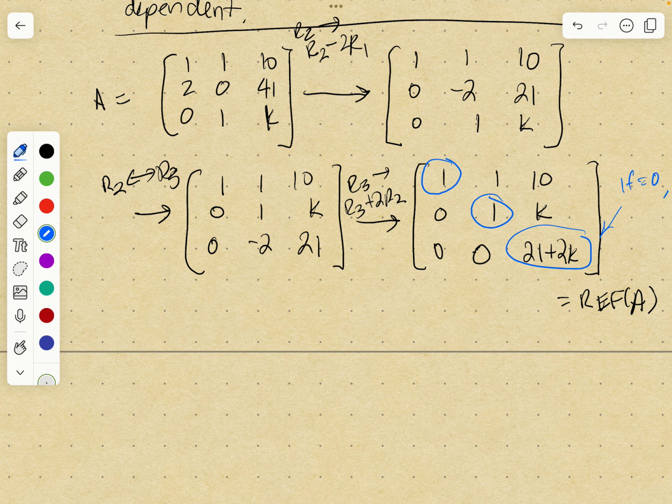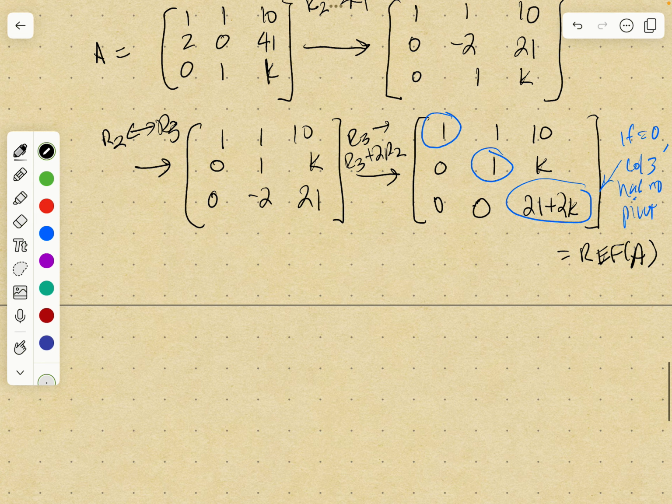So if that is 0, because remember, pivots are non-zero numbers, then this third column has no pivot. If it is not equal to 0, then it's a pivot, right? So it's linearly dependent.